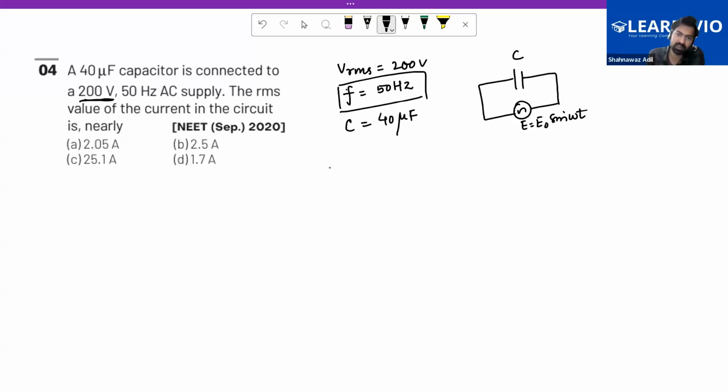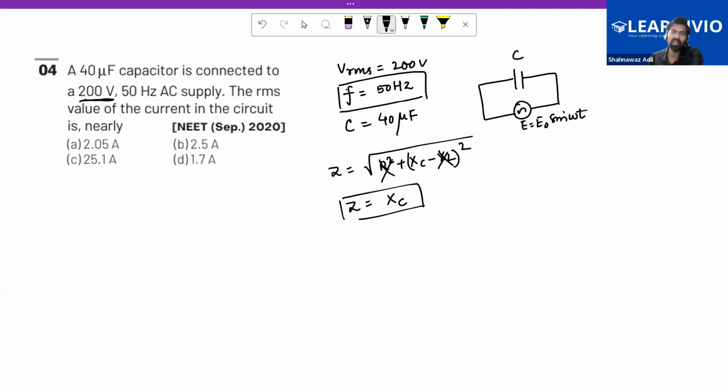Remember, what is Z? Z is the square root of R squared plus (XC minus XL) whole squared. We don't have R, so this is 0. We don't have XL, this is 0. So Z is simply XC. This is the impedance, right?